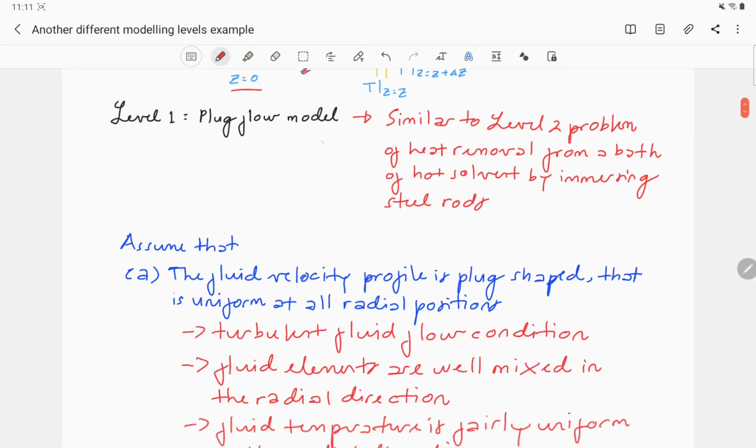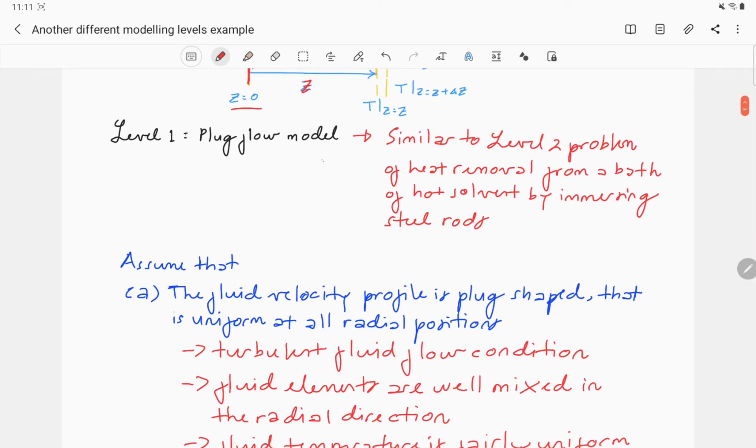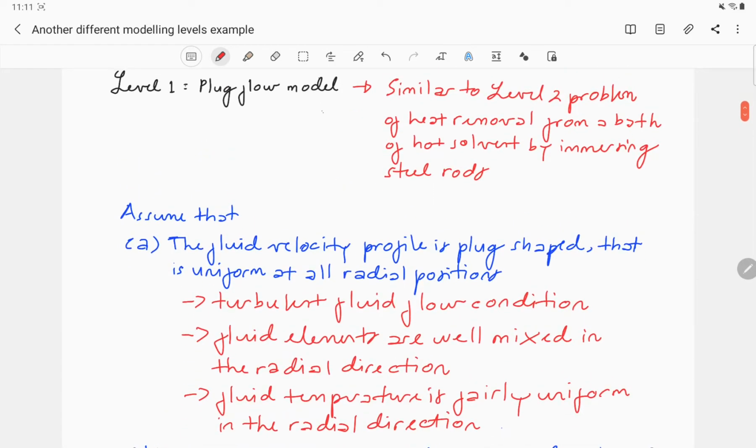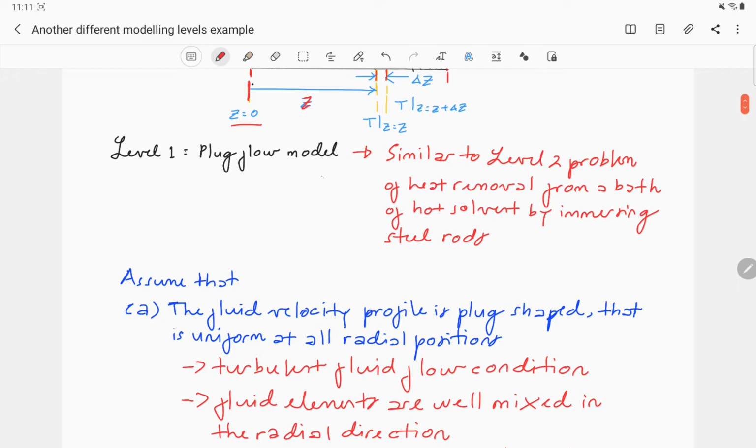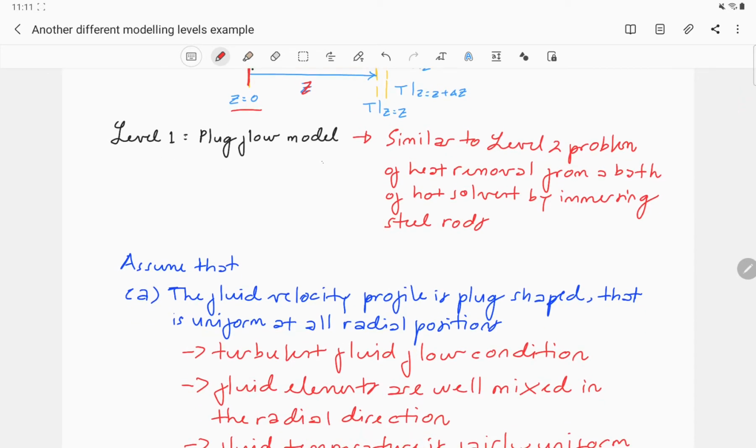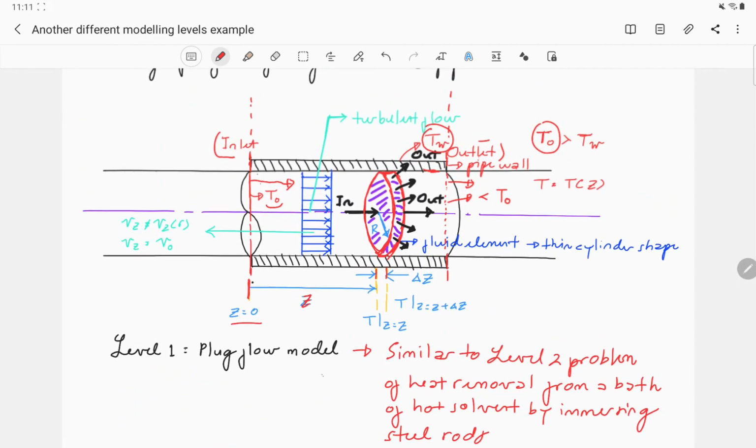The first assumption is that we always take the simple one, because we want to start with the simplest case. So we take it as turbulent, and the fluid velocity profile is of plug shape, uniform at all radial positions.